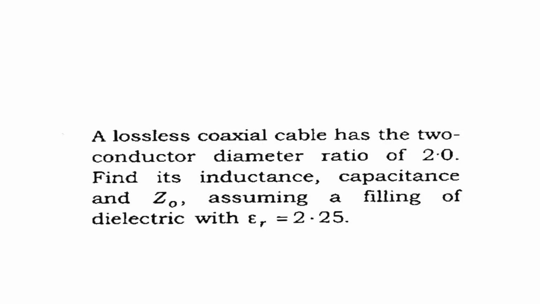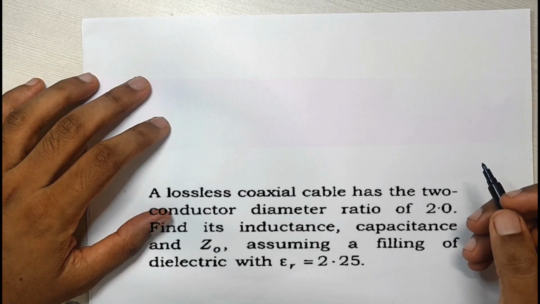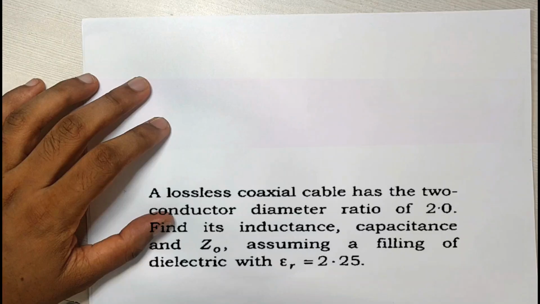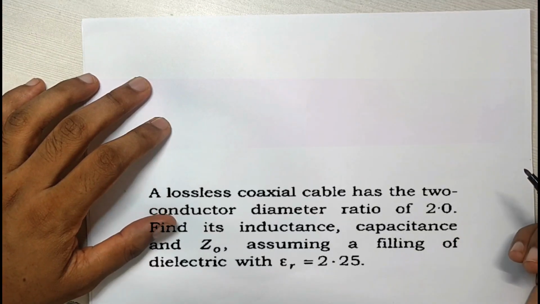A lossless coaxial cable has the two conductor diameter ratio of 2. Find its inductance, capacitance, and Z naught, assuming a filling of dielectric with epsilon R equal to 2.25. Coaxial cable has the two conductor diameter ratio of 2.